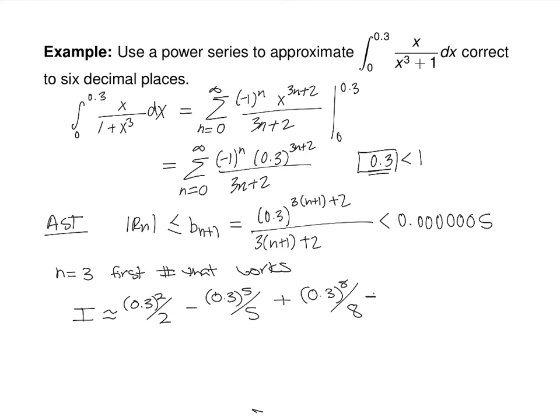So minus 0.3 to the 11th over 11. And that's about equal to 0.044522.